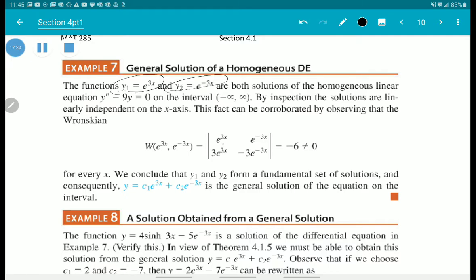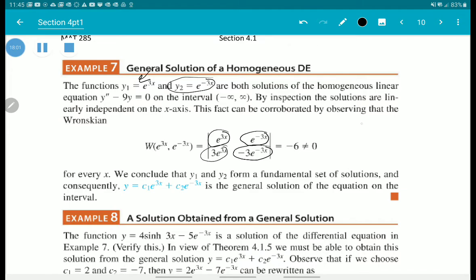If we look at the Wronskian there, we can tell just by inspection that there's no way I could get this one from this one just by multiplying it by something. They are not combinations of each other, but we can verify with the Wronskian. So we would put those in that first line, and then you take the derivatives in the second line.